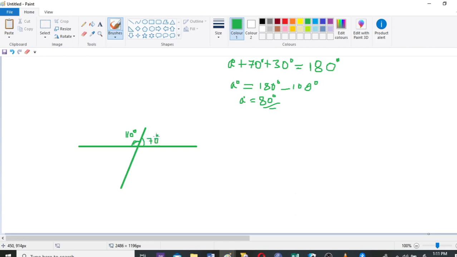Then let's say this angle here is 110 degrees as well. We need to find the size of this angle, let's say B. Now how are we going to calculate the size of this angle B?